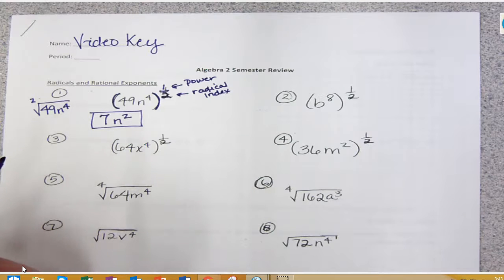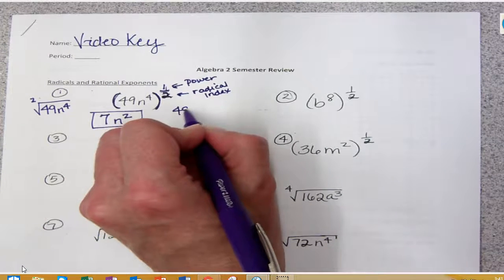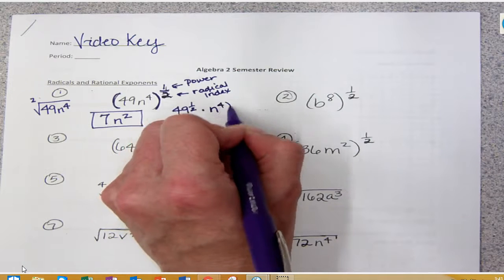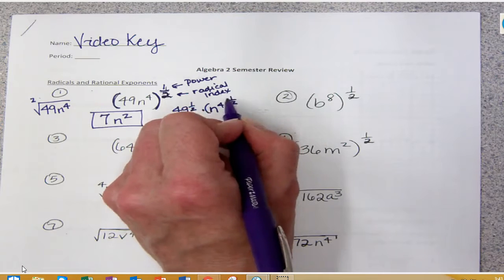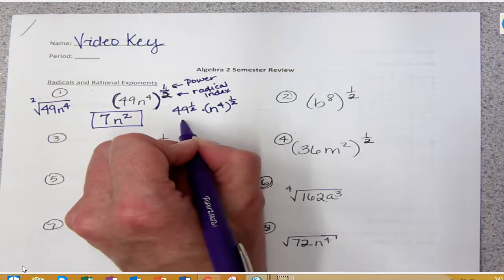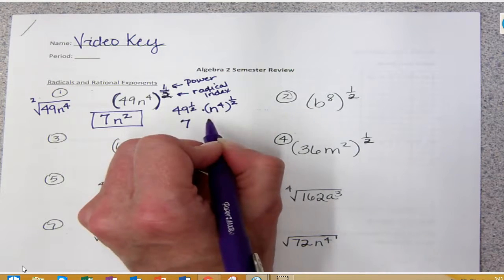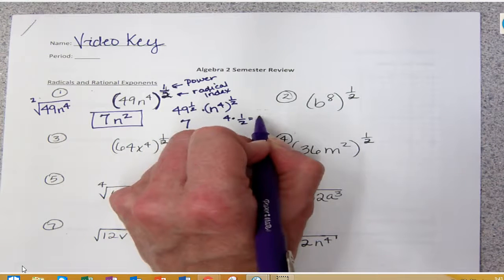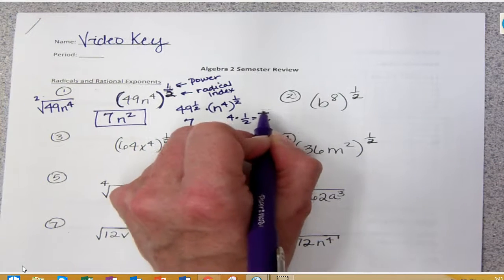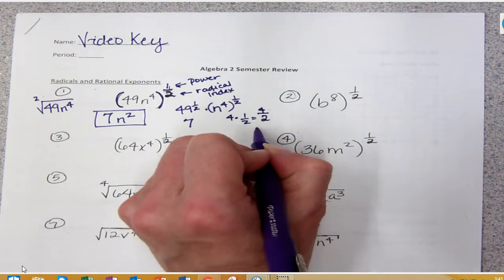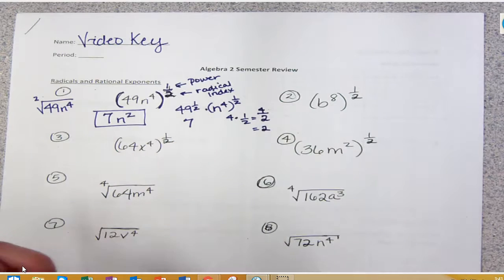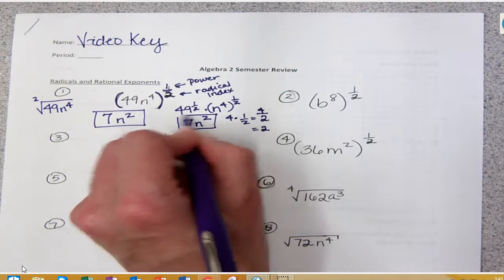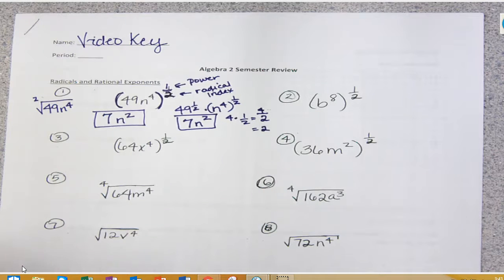So there's a couple of different ways that you can do that. You could say 49 to the 1/2 times n to the fourth to the 1/2, and you multiply those. The square root of 49 is 7. You multiply 4 times 1/2, which is 4 over 2, simplified is 2. So that would be n squared.